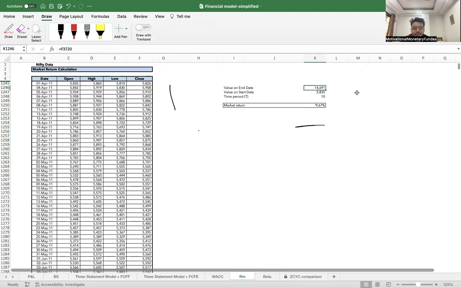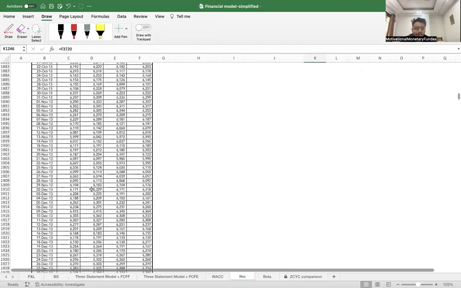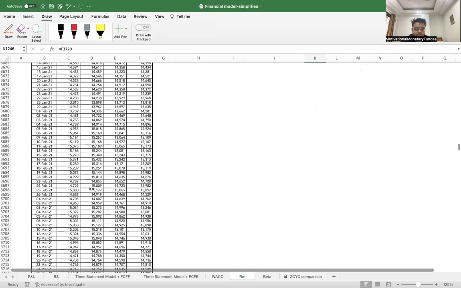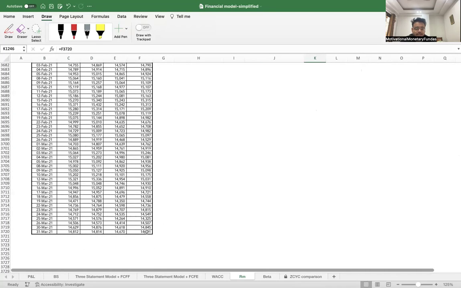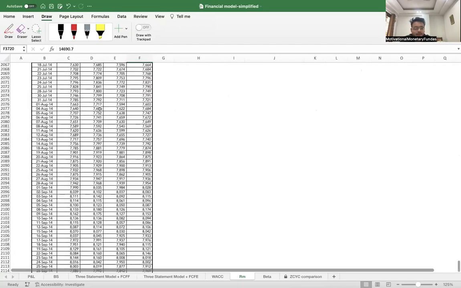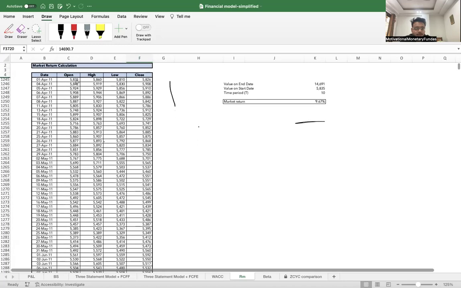The end value is 14691, for whatever time period. Here the ending value is 14691, right? And above it the starting value is 5835.